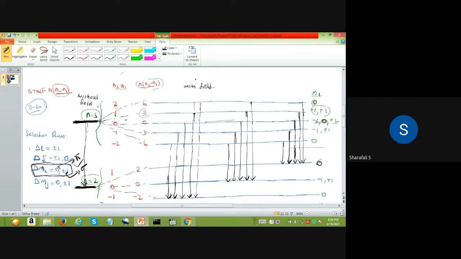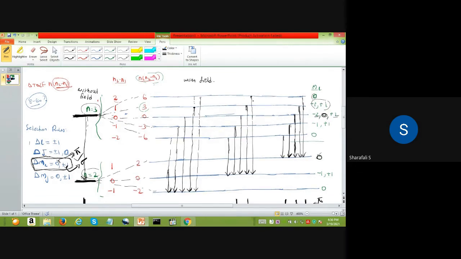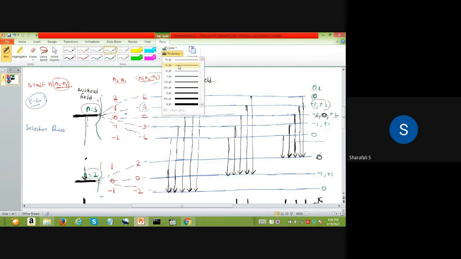So with electric field, the n equal to 3 levels split into 5, the n equal to 2 levels split into 3, and the transition of the electron will happen from any of these states with the selection rule delta ml equal to plus or minus 1, 0. I'll just put it here. Selection rule for this.